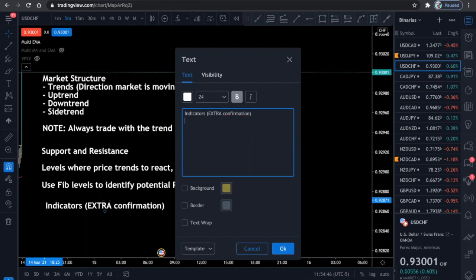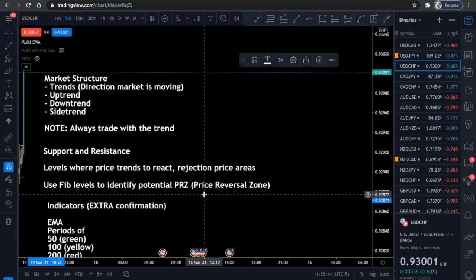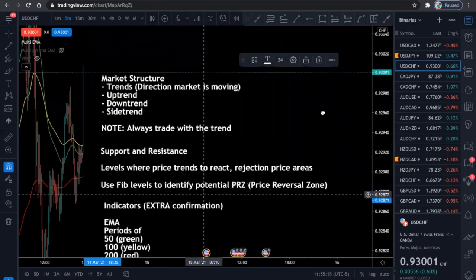Okay, in this scenario I use the exponential moving average with periods of 50, which is green, 100 periods, which is yellow, and then 200 periods, which is red. Okay, those are my EMAs.